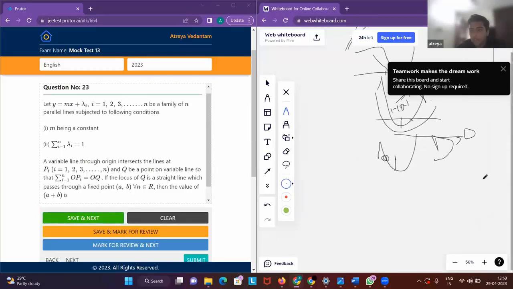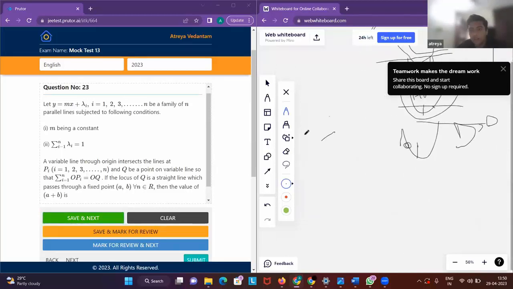There are lots of parallel lines like that, and there is one line which intersects all the lines at Pi. Q is a point on the variable line such that the sum of OPi equals OQ. If the locus of Q is a straight line which passes through fixed point (a, b), what is the value of a plus b?